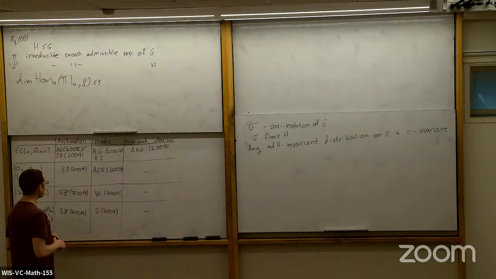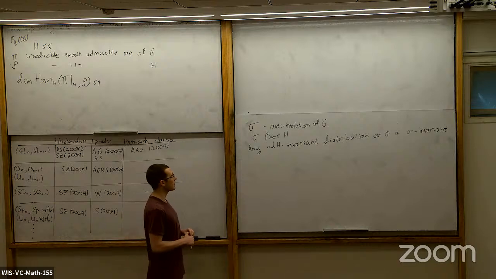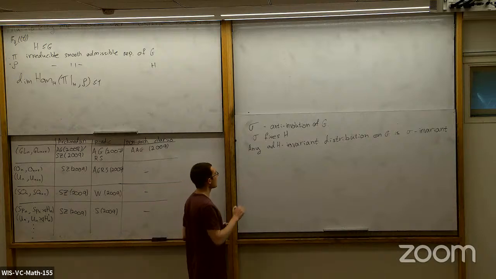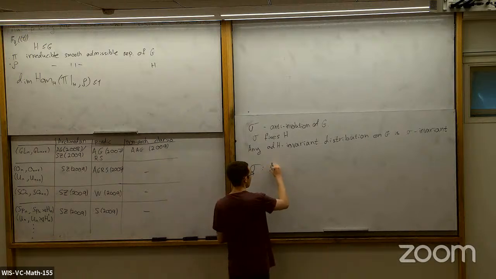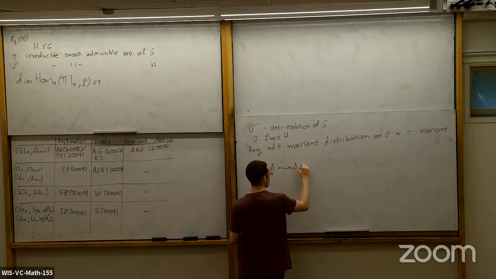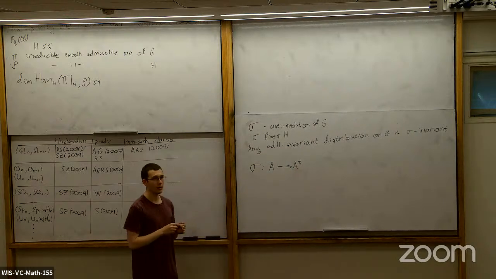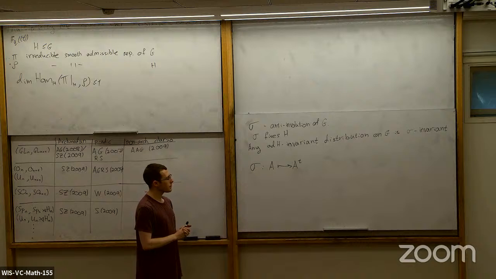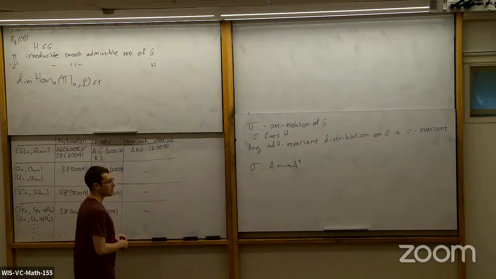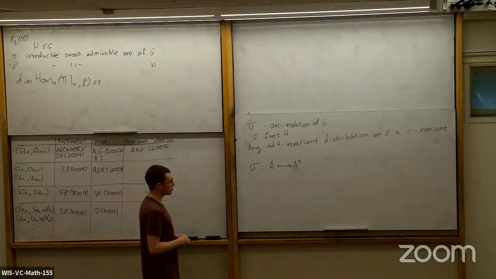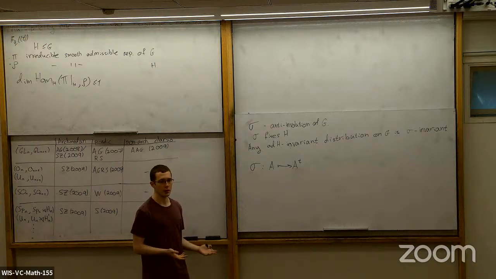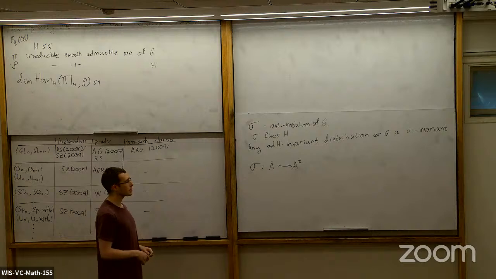Actually, in most of these cases, it's very simple. The anti-involution itself is very simple. So in the case of GLM, this anti-involution is just A goes to A transpose. And then the theorem is just a theorem about distributions. It's showing that a distribution which is invariant to conjugation by GLN on GLN+1 is also invariant to transpose.